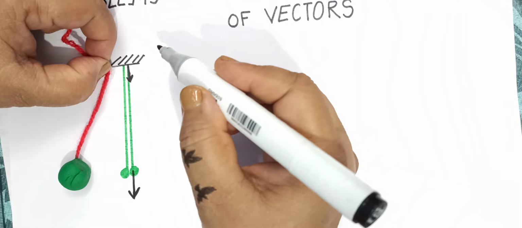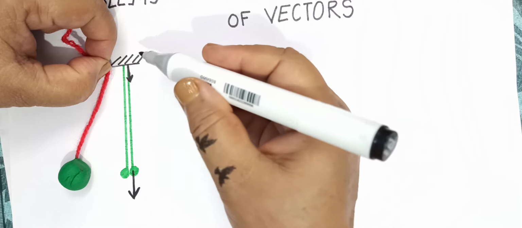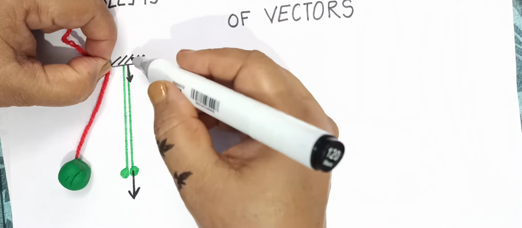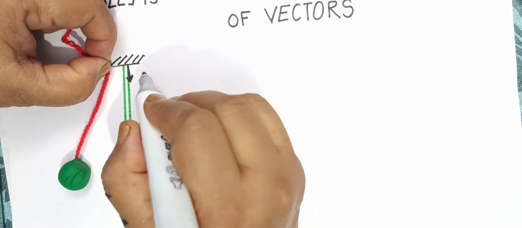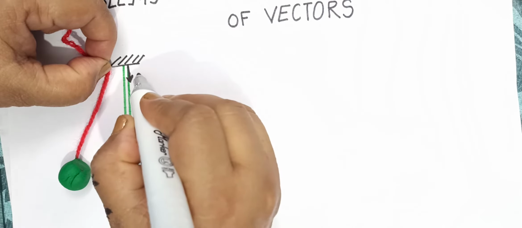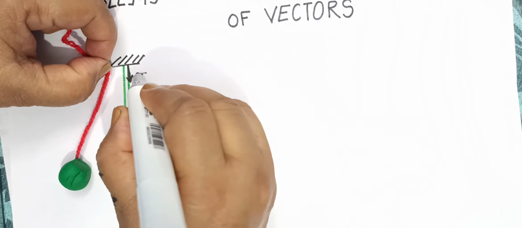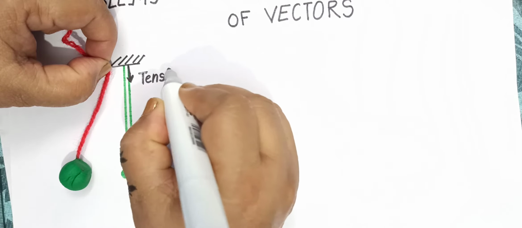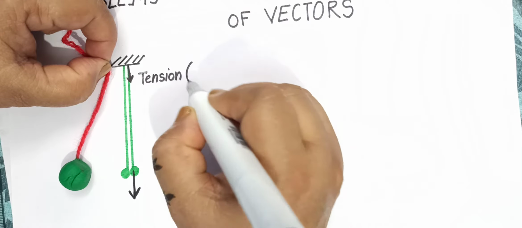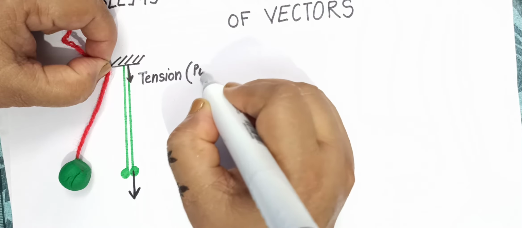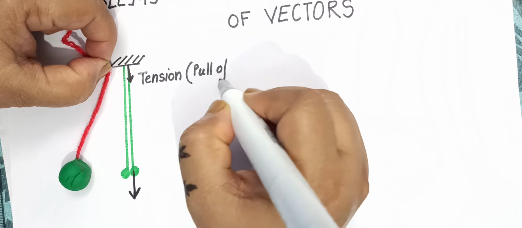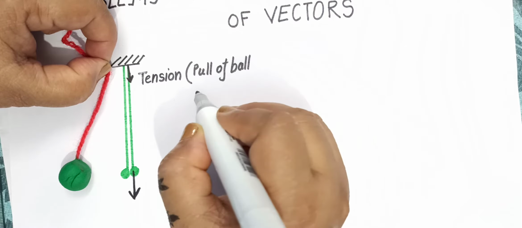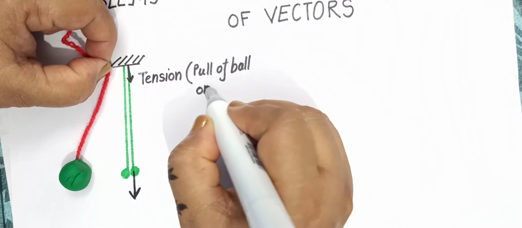Since that force is transferred to that point due to the tension of the string, we call this force the contact force, tension, and this force was the pull of the ball on the string.